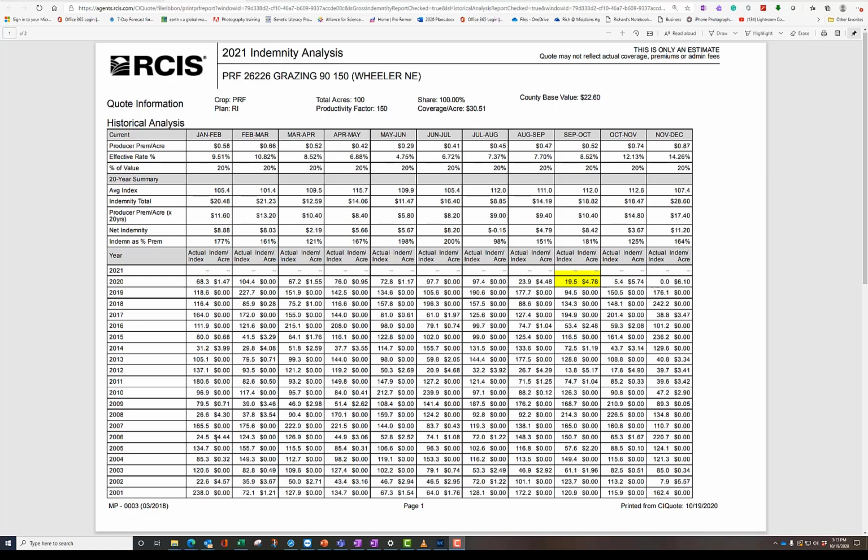If we go back to 2012, in June, July, you'd have received $4.68, and in August, September, $4.29. 2002, in January, February, would be $4.57, and June, July, $2.95. This is all data that you can use to help determine which periods you'd like to insure, based on historical data and also determined by which months of the year are most critical for your grazing.